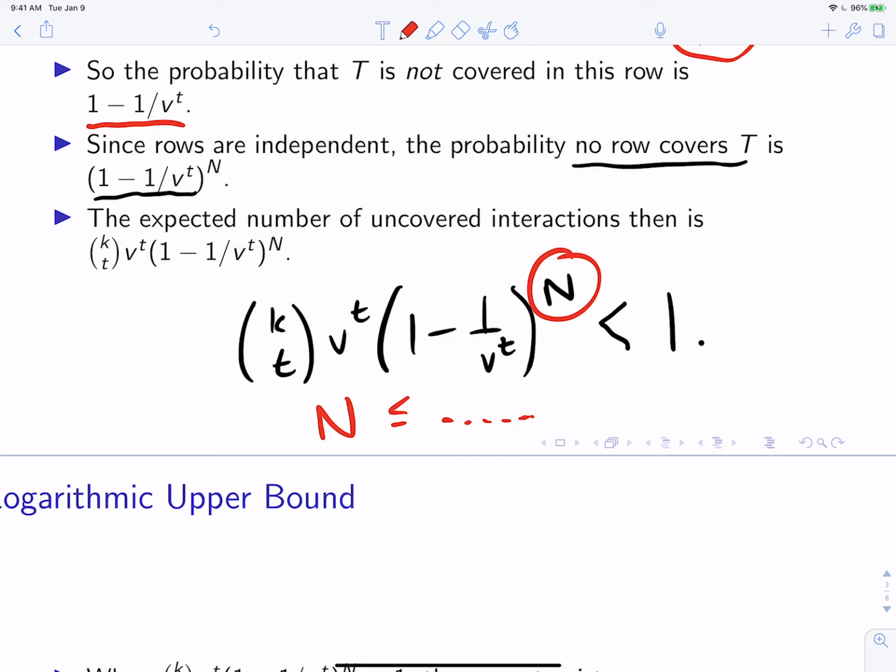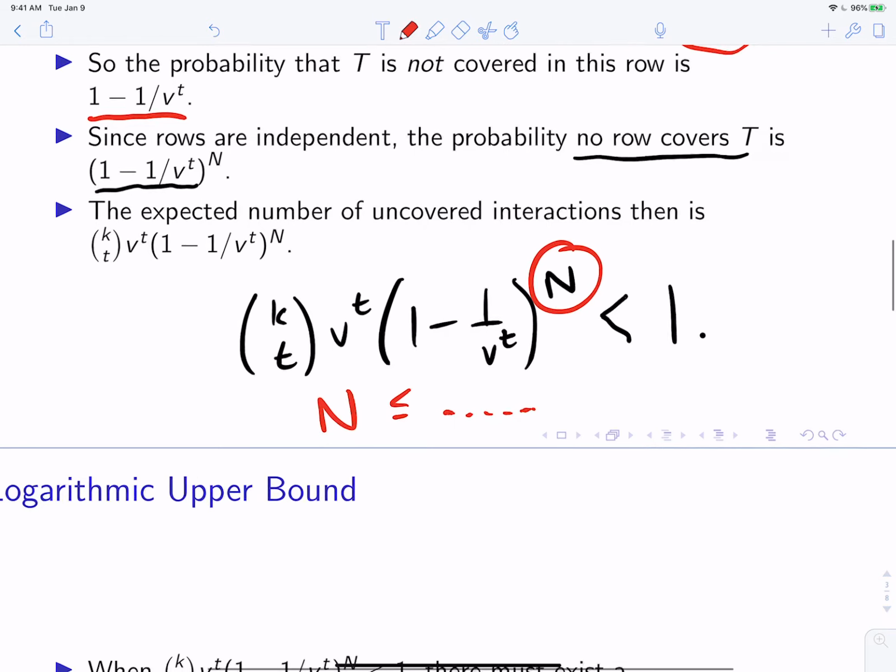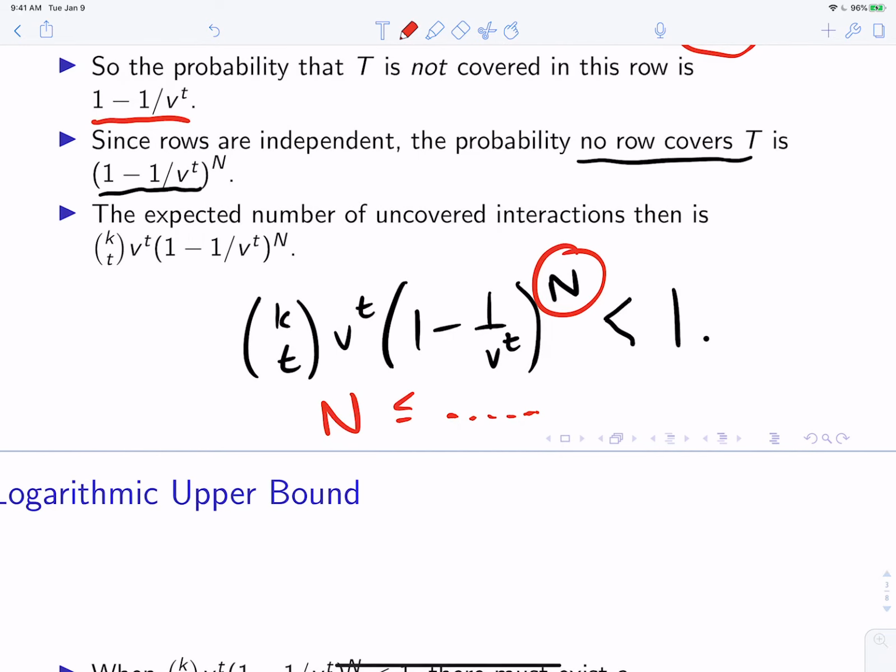I'm not going to go through all the details here, but notice something. If n is in the upstairs, how do I get it downstairs? Taking the log. So what you'll have is the log of this stuff and then dividing by other stuff. I'm going to leave out all the details here because it's not really that interesting.